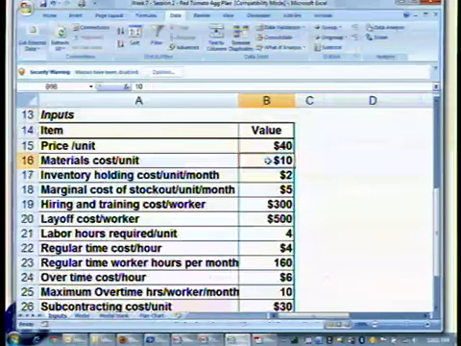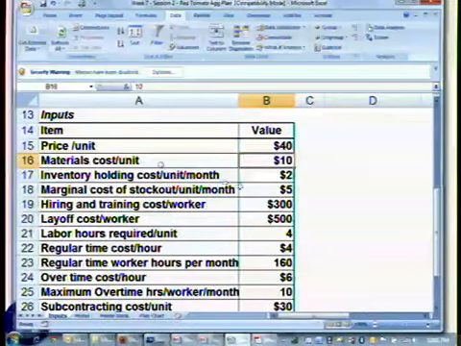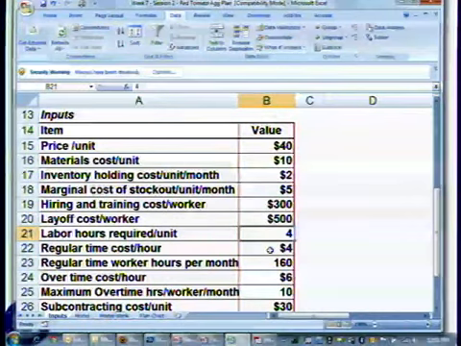But the basic challenge is this forecast of original forecast of demand. We have a number of different inputs here: material cost per unit, inventory holding cost per unit, the stock out cost per unit, cost of hiring, the cost of firing, labor hours required per unit. That's an important new input that we haven't considered yet.